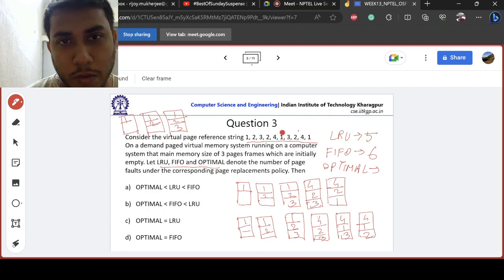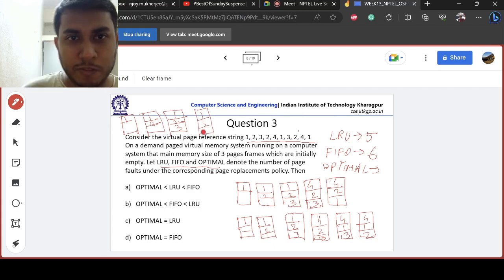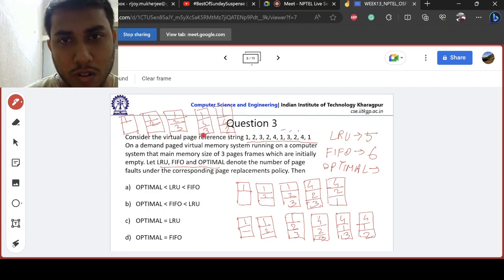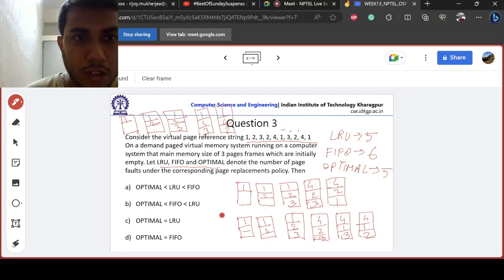We see 1 and 3 will be used again, but 2 will be used later, so we'll release 2: 1, 4, 3. Then 2 comes, so we will replace 3: 1, 4, 2. So it is 5. So the correct one is this: optimal is equal to LRU.